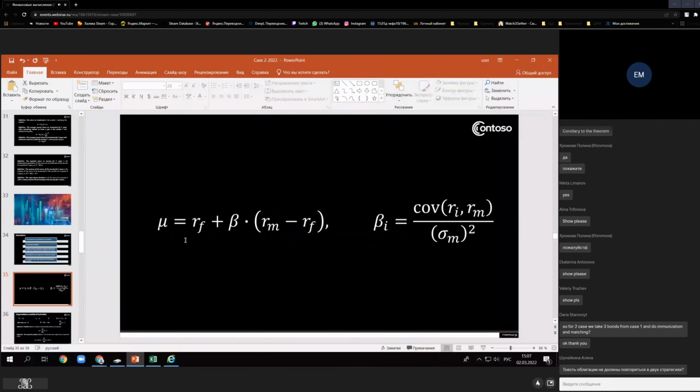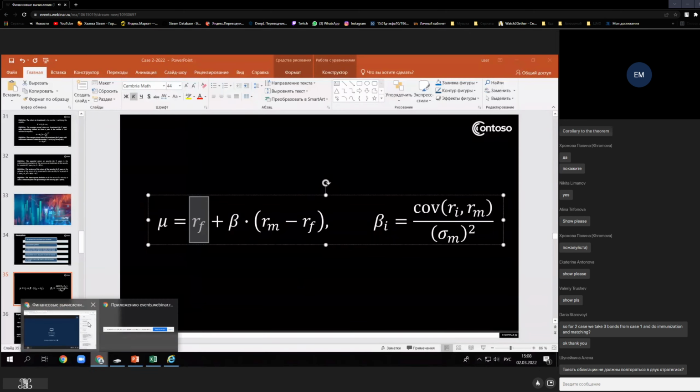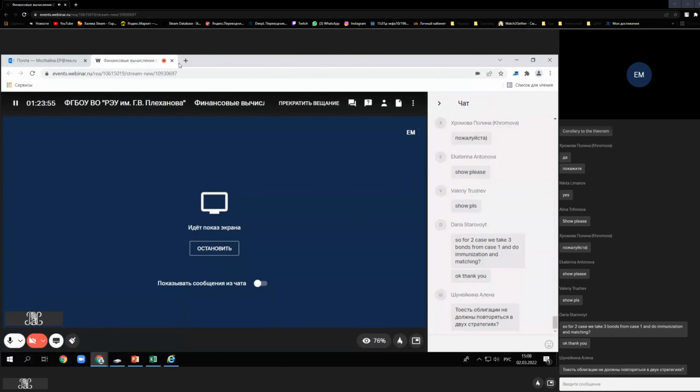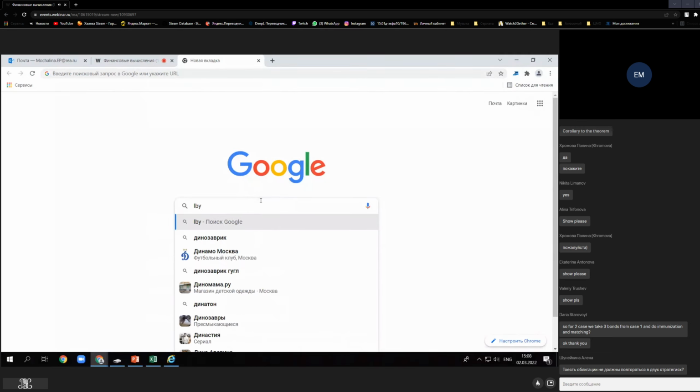First, let's discuss how to calculate this rate. Especially in our situation, where the rate changes significantly, you should calculate the weighted rate. You can move, for example, here, and take, for example, the Russian market.